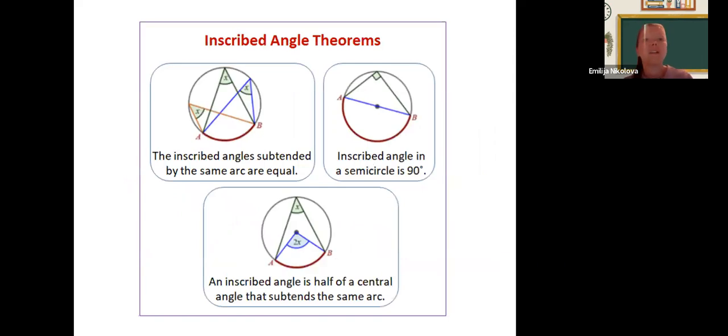So we have the inscribed angle theorem, and there are different versions. Inscribed angles subtended by the same arc are equal. Here we have one chord, AB.